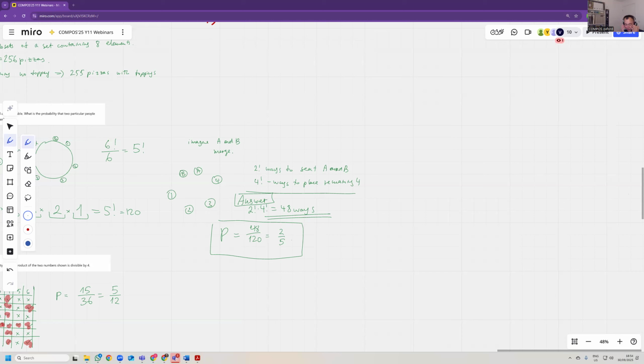No, it wouldn't, because it doesn't matter where Alice and Bob sit, because a rotation of the position counts as the same. Remember, 1, 2, 3, 4, 5, 6 is the same as 6, 1, 2, 3, 4, 5. So no.